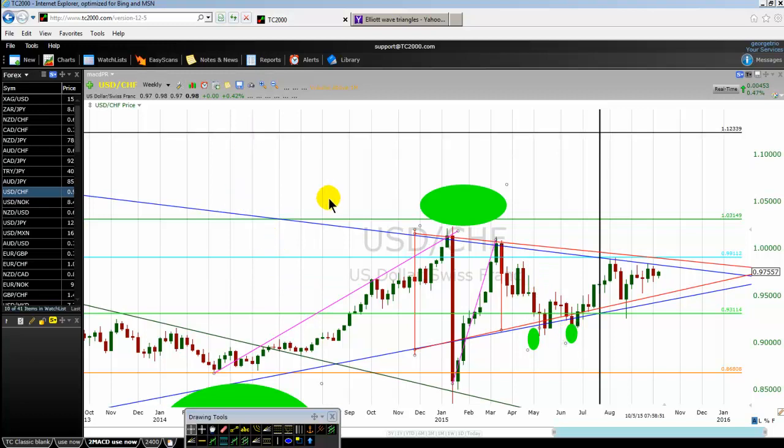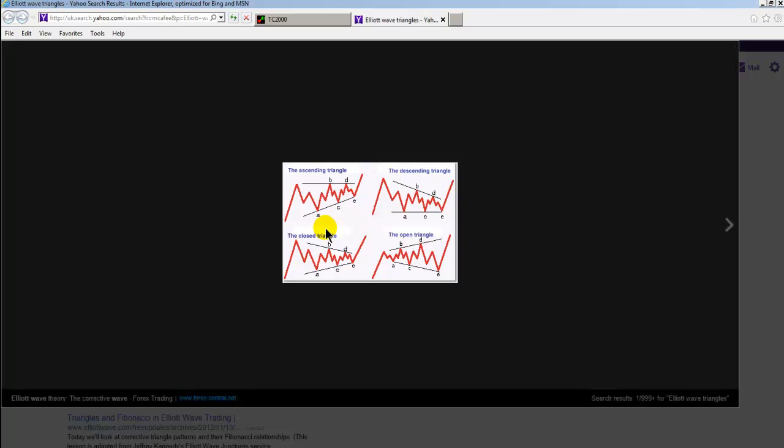The next thing that I want you to remember, according to the theory, is that we want to know the internal waves, the subwaves of a triangle, talking about the Elliott wave corrective triangle. What is the formation of an Elliott wave triangle? Pay attention.